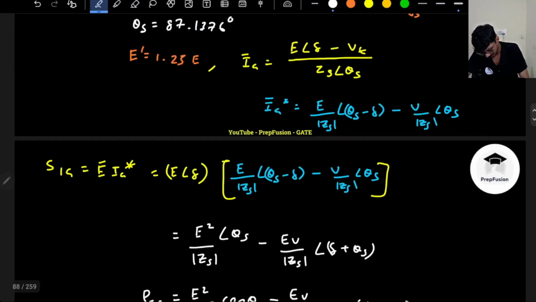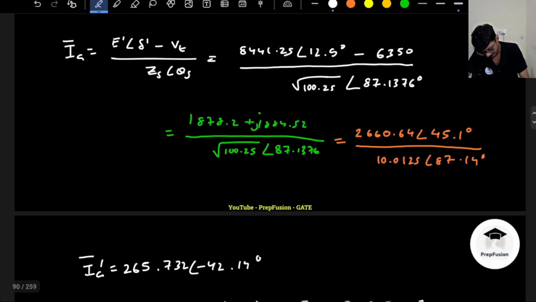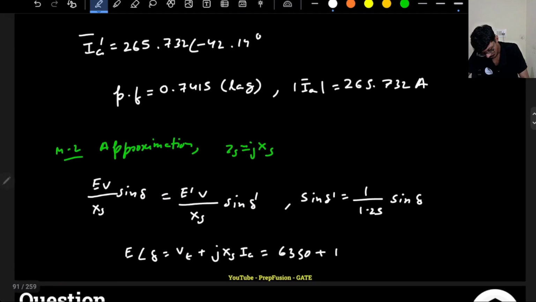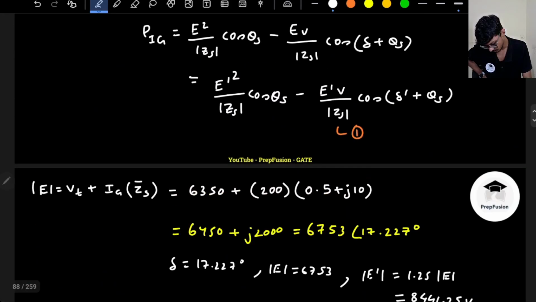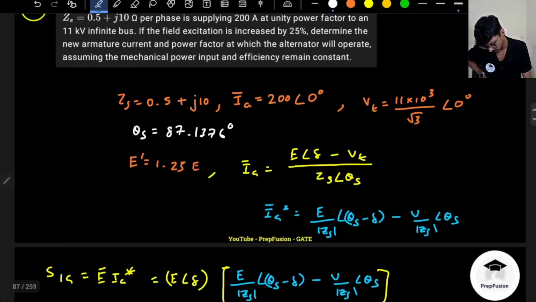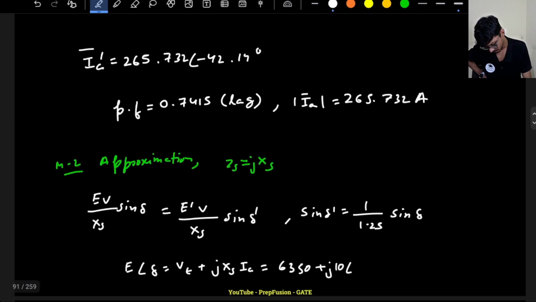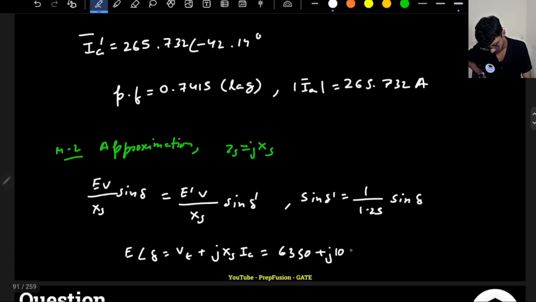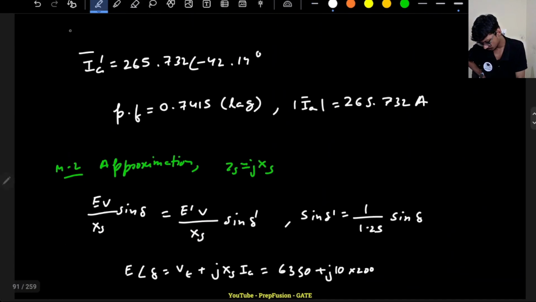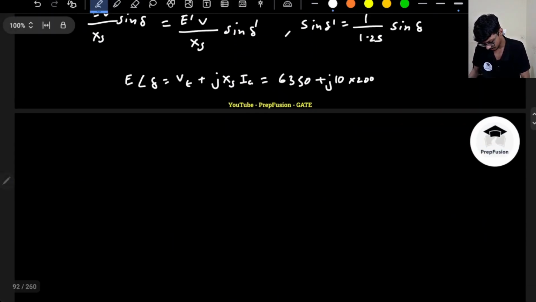Xs is basically 10. Ia is 200, if I remember correctly, the previous current was 200 amperes. So this will simply be 10j into 200. So directly I can tell you what will be the E and delta.